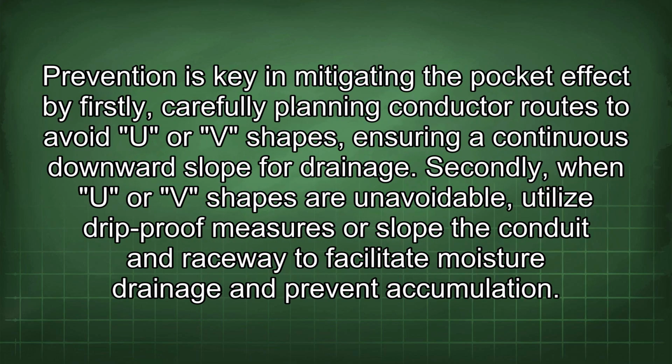Prevention is key in mitigating the pocket effect by firstly carefully planning conductor routes to avoid U or V shapes, ensuring a continuous downward slope for drainage. Secondly, when U or V shapes are unavoidable, utilize drip-proof measures or slope the conduit and raceway to facilitate moisture drainage and prevent accumulation.